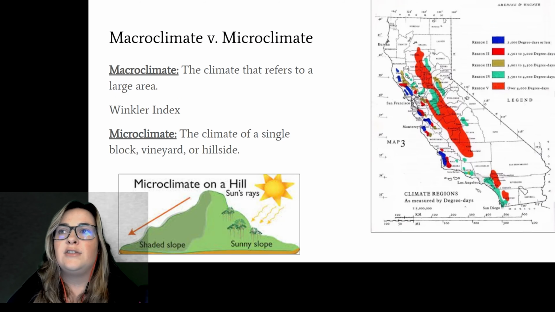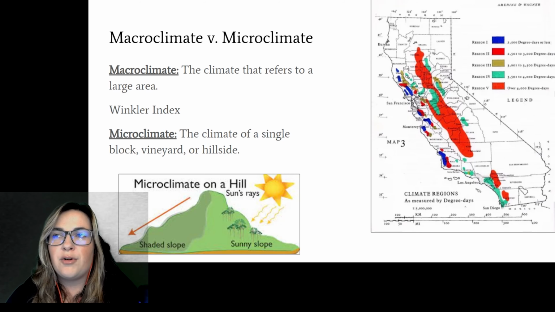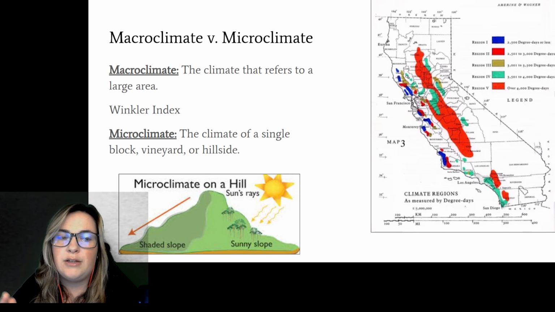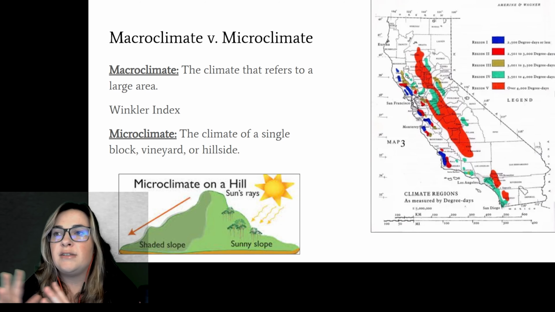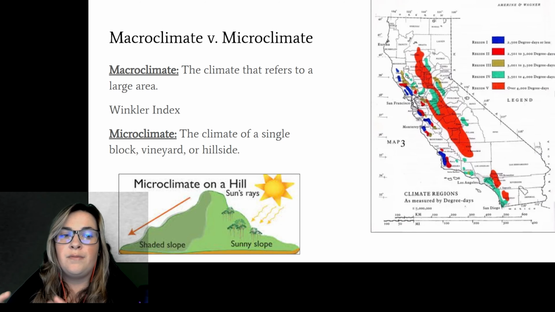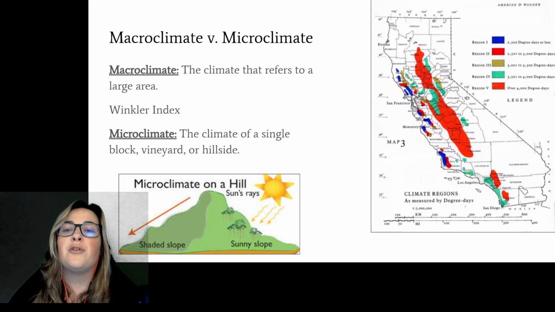Cool. So then we have the difference between macroclimate and microclimate, just in case you're not quite sure what that is. With microclimate, we're talking about either a single vine, a block, a smaller vineyard, or even a hillside that vines are planted on. It really depends on the context of whoever is using that word. Then we have macroclimate, which we talked about.